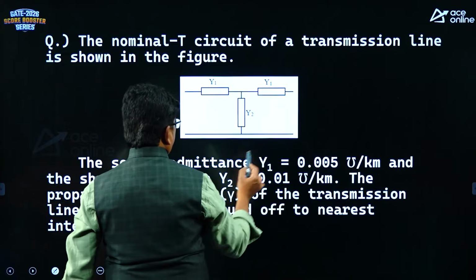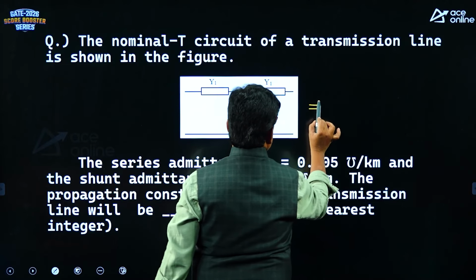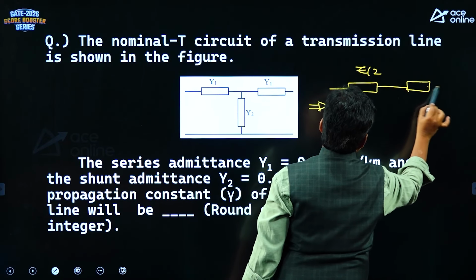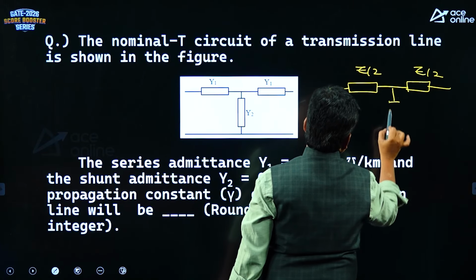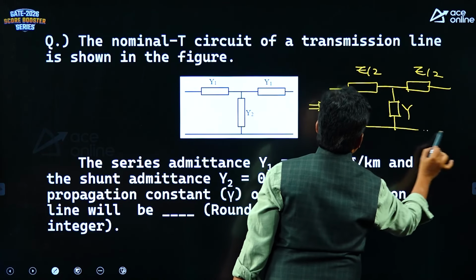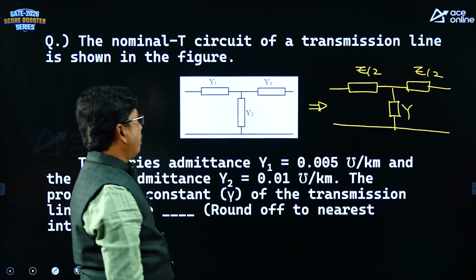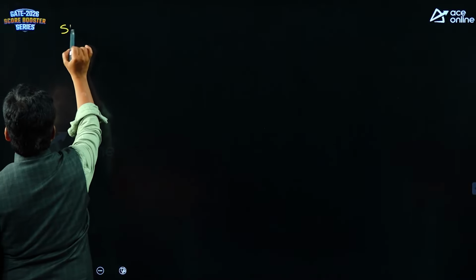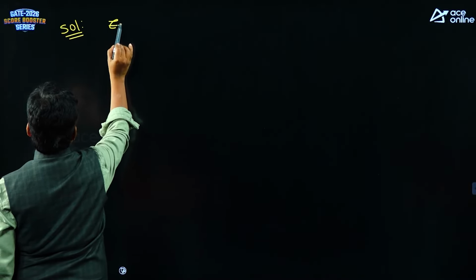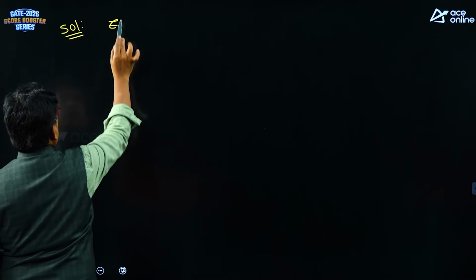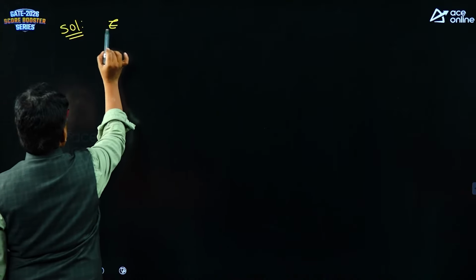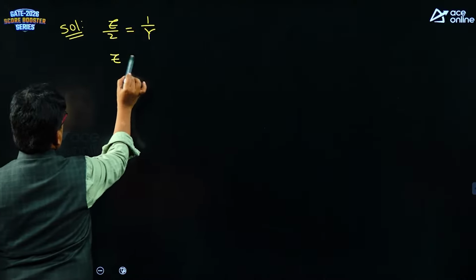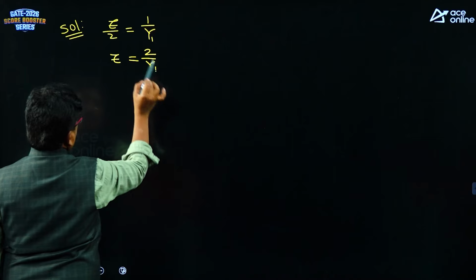Actually, T circuit means we should have the T circuit like this, right? It should be Z by 2 here in ohms. Here it is also Z by 2 in ohms, and here it should be Y. Like that we should have. But in place of Z by 2 in ohm, they have given Y1 in mho, right? Therefore, we can write that Z by 2 is 1 by Y1, where Z is equivalent to 2 by Y1.